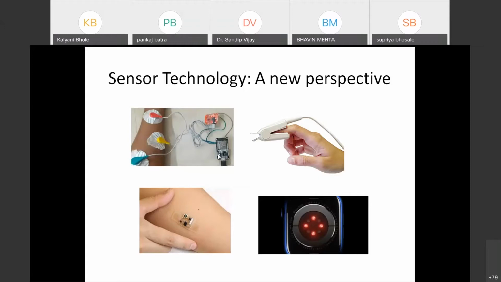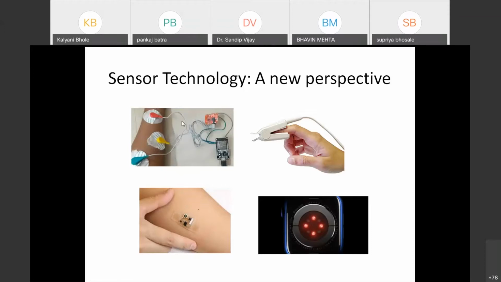But when we think of the sensor technology, or when we think of wearable technology, in wearable technology, ECG measurement or ECG sensing is not done this way. We don't use the gel electrodes, we don't place these electrodes in the fashion which is shown here.